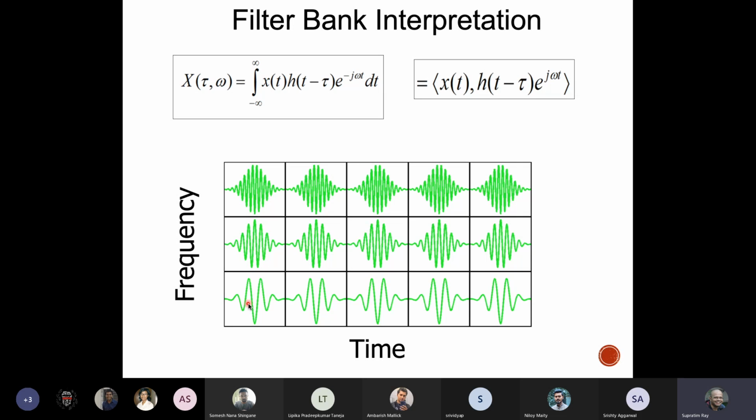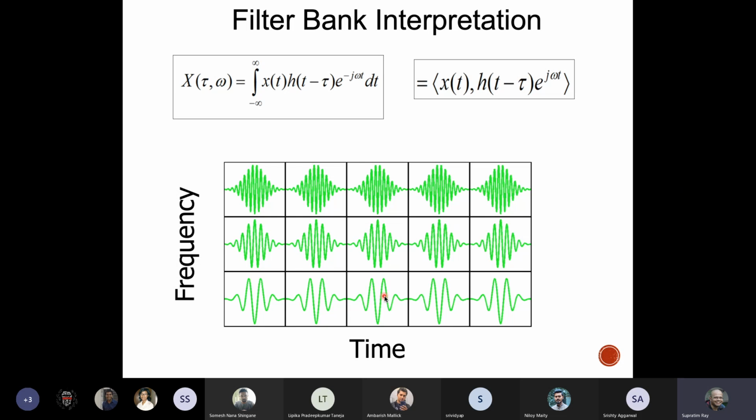You are always looking at different frequency components of the signal, as if there are different filters looking at different frequencies. So a pure sinusoid is also a filter. Here it's a windowed sinusoid, but you also shift the window. That's how you create a large bank of filters.